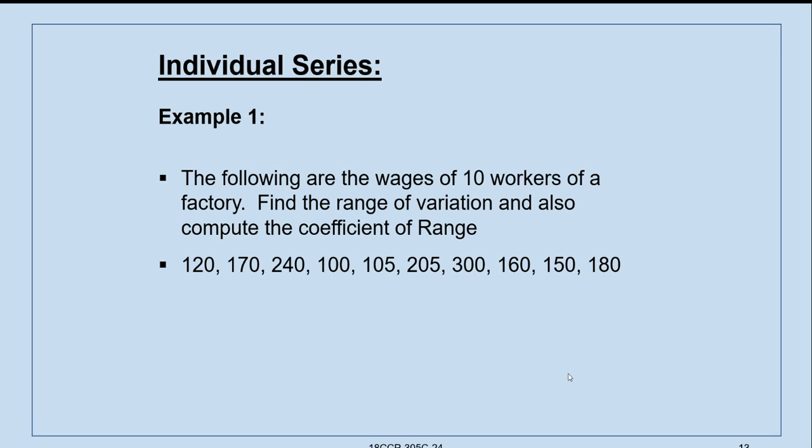That means range is equal to 300 minus 100, 200, right? And coefficient of range is 300 minus 100 by 300 plus 100. That is 200 by 400, that is 1 by 2, that is 0.5. The range is 200 and the coefficient of range is 0.5.